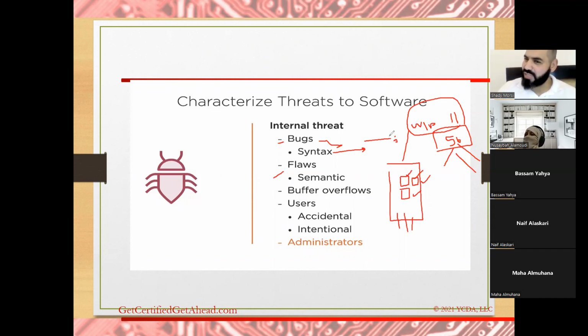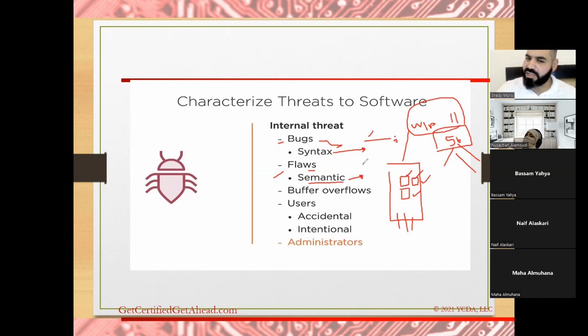This is an error, so this is a bug. Your compiler can catch this bug easily, but sometimes it cannot catch it, and you end up with a bug in your software.